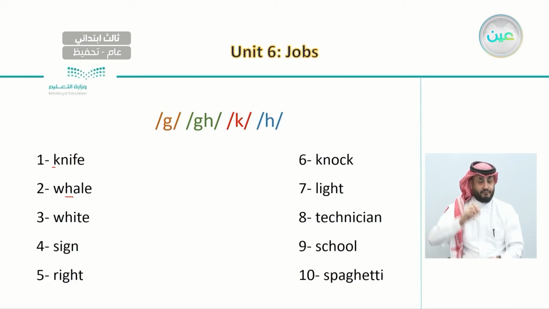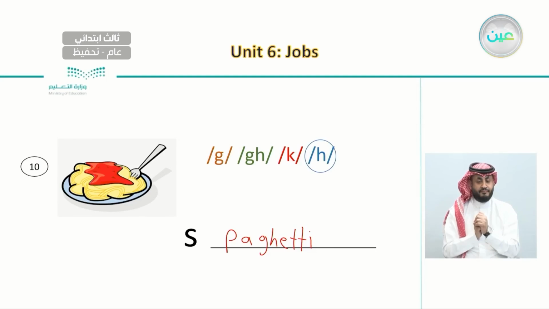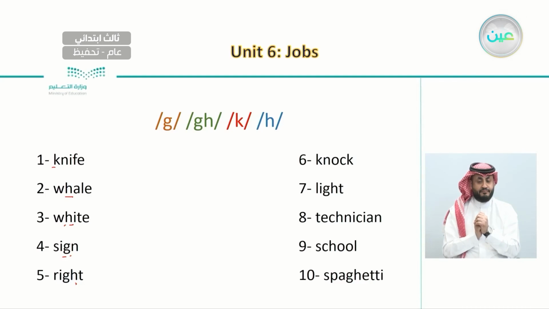And the third one, white, where H is silent. And the fourth one is sign, where G is silent. And we have right, where G and H are silent. And here we have number 6, knock, where K is silent.